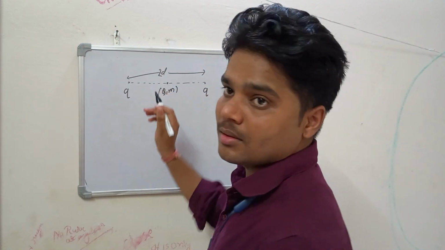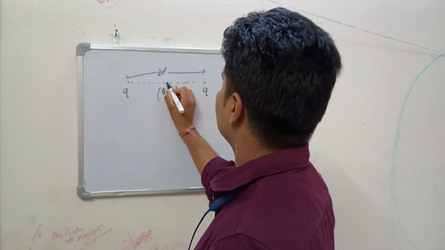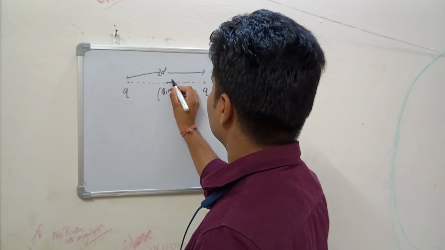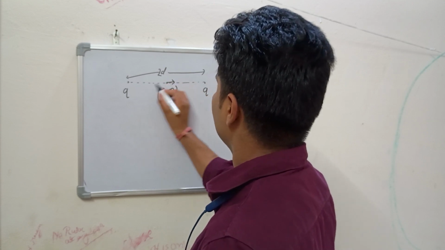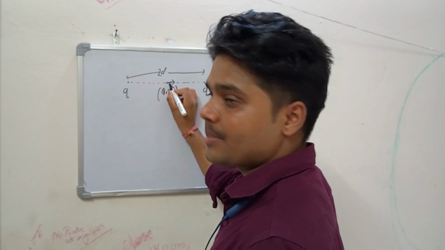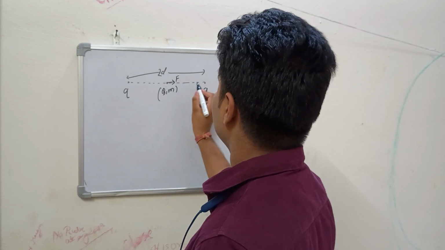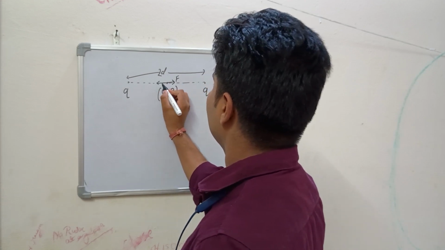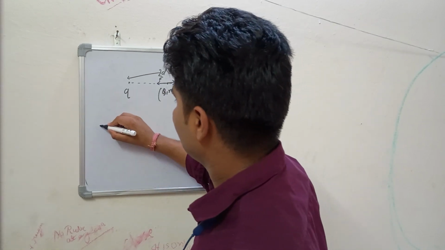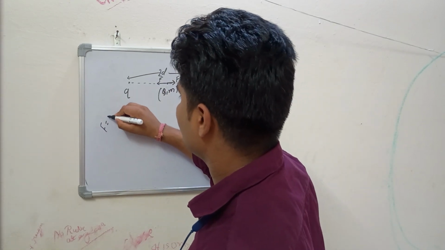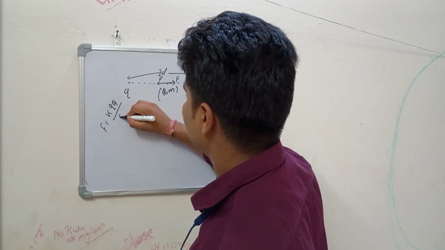So it will experience a force in this direction, since it is a plus charge. The force experienced by small q due to capital Q will be F, and the same magnitude will be this F. The force will be KQq by d square.